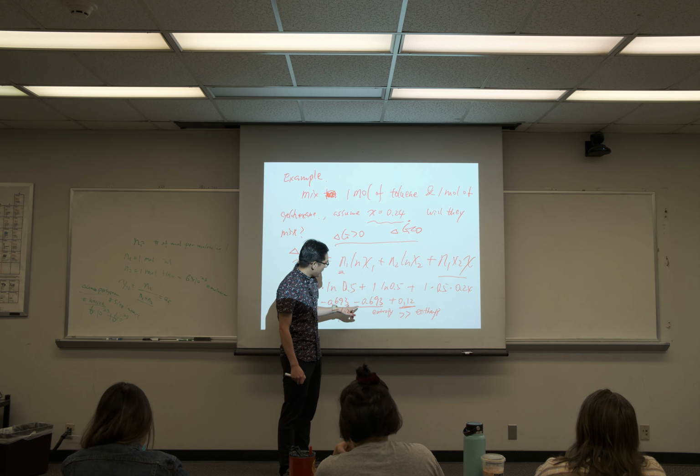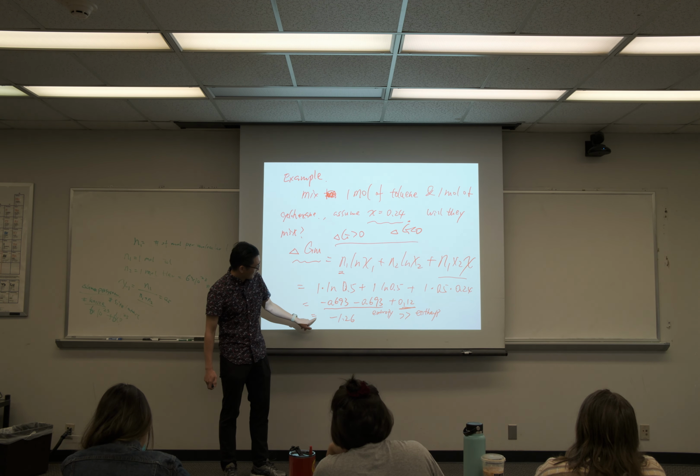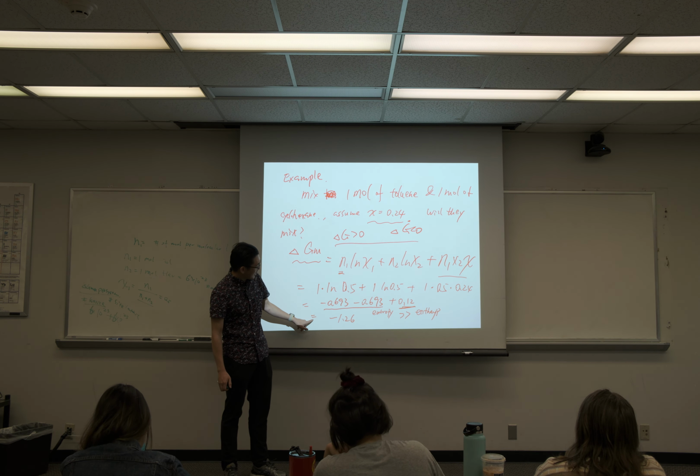If we add everything together, you can see we have a net delta G of minus 1.26. That means we will have a system that favors mixing. Make sense? So this is how you can address, if you have small molecules and want to see if they're going to mix, what the case will be. In this case, entropy is much bigger than enthalpy.